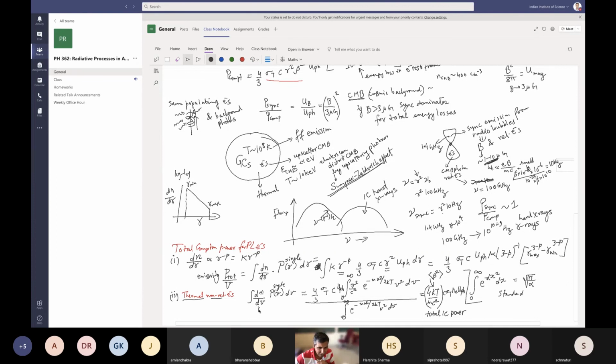So this is nothing but the number of electrons from this velocity to this velocity. In fact, this is actually P total by volume again. This is per unit volume. This is like emissivity, because this is number per unit volume, energy per unit volume, and then per unit time. So I'm just sketching these things out. I'm not deriving these rigorously, but you should try to derive these on your own.